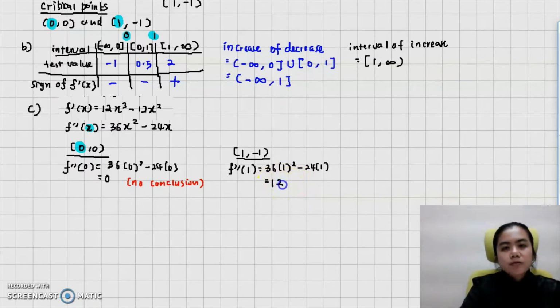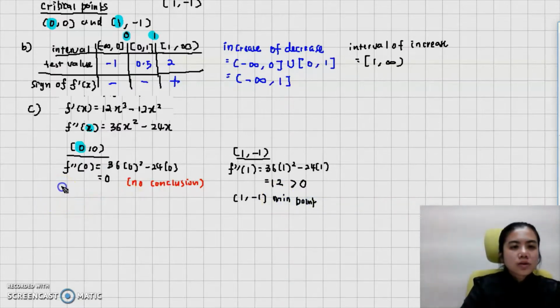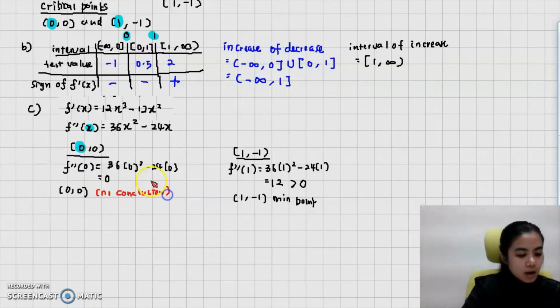Of course 12 is greater than 0, so 1, minus 1 is actually a minimum point. For 0, 0, we do not have a direct conclusion, so no conclusion. That is for our part C.